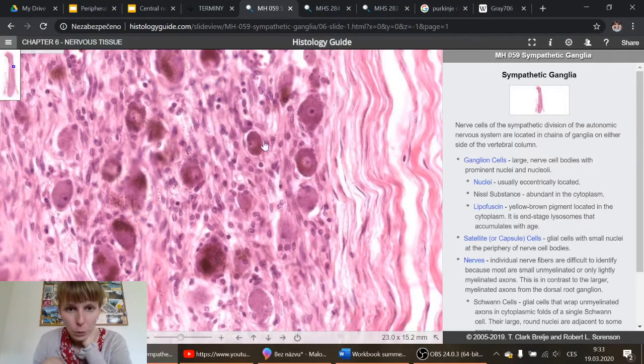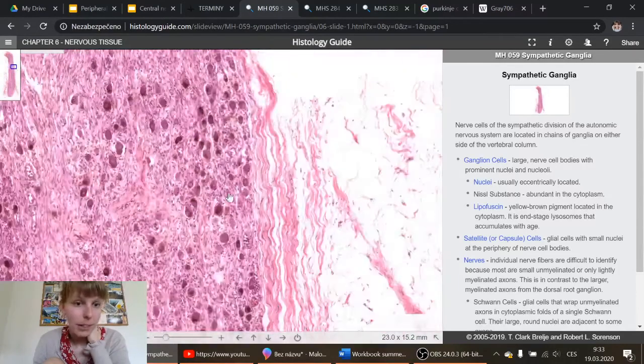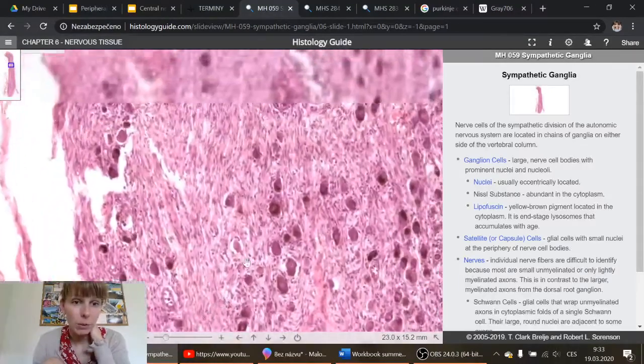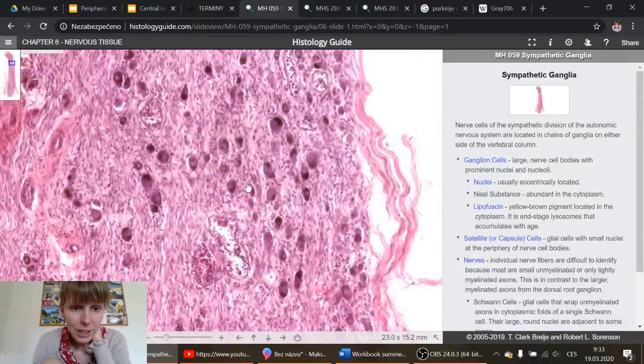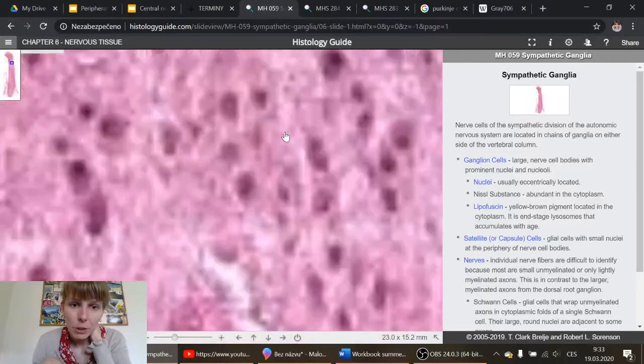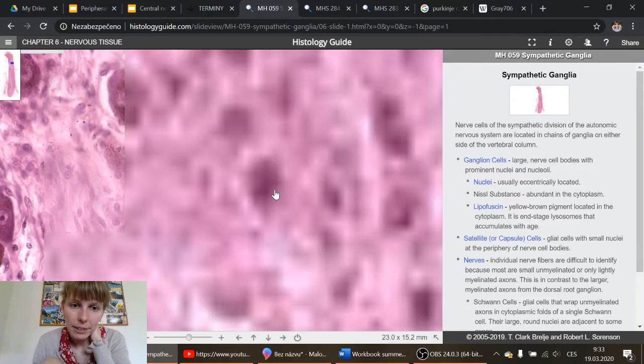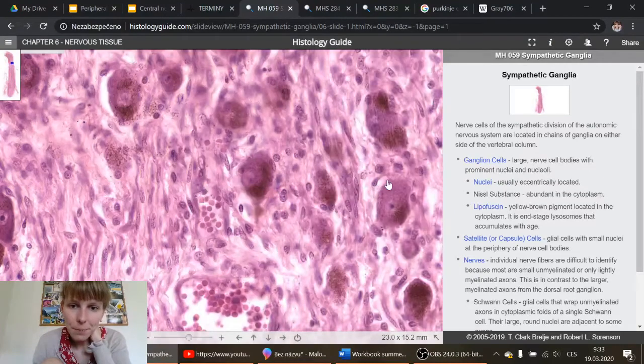Anyways, so you have to be able to find the multipolar neurons. They are everywhere in the ganglion, so you don't have to worry about it very much. You should be able to identify the satellite cells, so the glial cells around the big neurons.